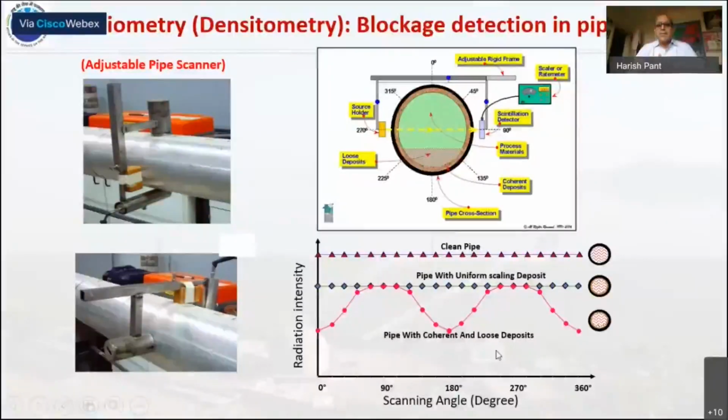Most refineries have a radiographic department, and some also have this kind of scanner and routinely carry out this scanning. Sometimes they also call the BRIT or BRC people for scanning if there is a problem they cannot identify. So this is a very simple and common example of a radiometry or densitometry technique.